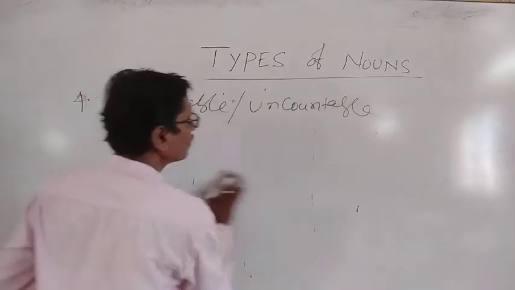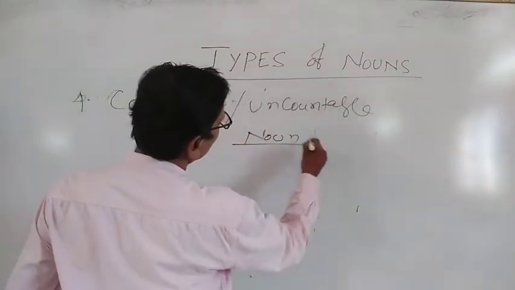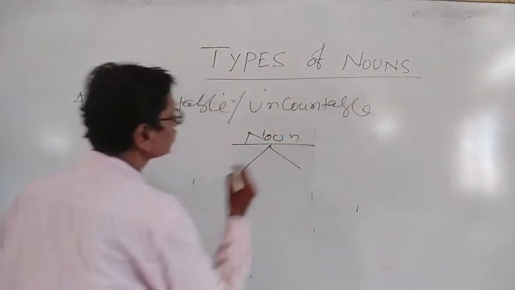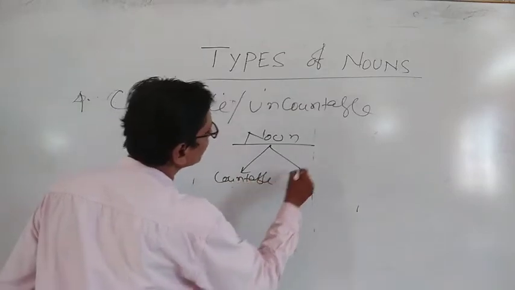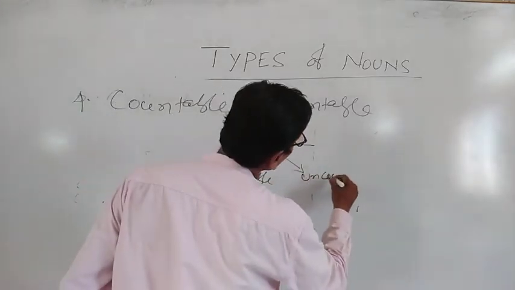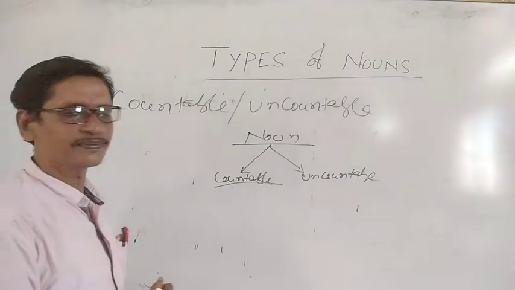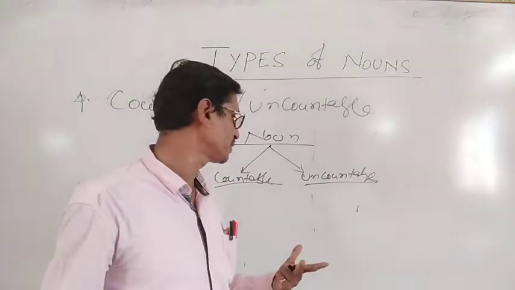Normally, when we talk about a noun, nouns are generally grouped under two divisions. One is a countable noun, another is uncountable noun. Normally, you also know this.